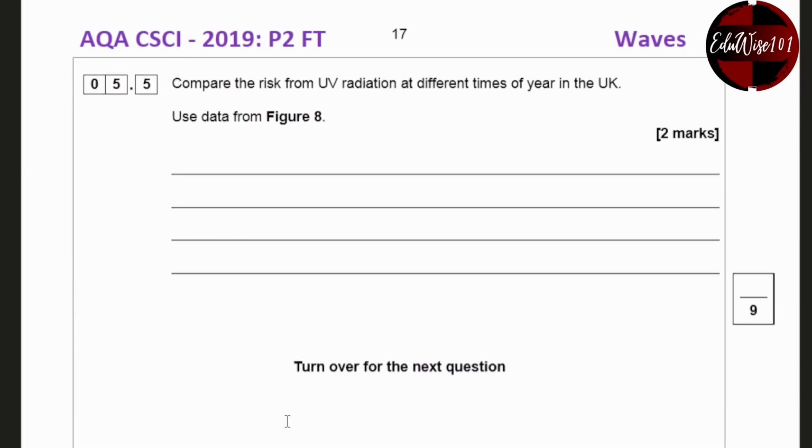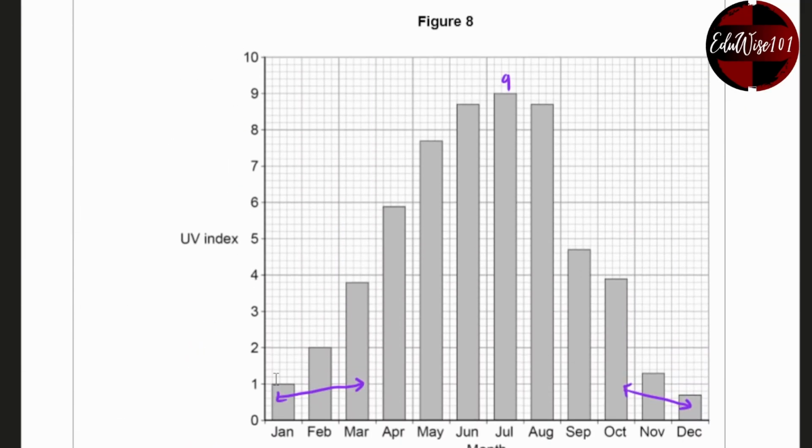Compare the risk from UV radiation at different times of the year in the UK. Use data from figure 8. Right, so the risk is mainly dependent on the UV index.